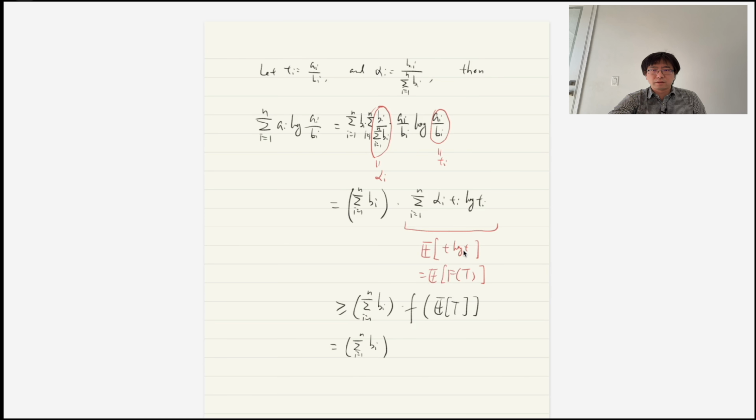Then the function of the expectation is to replace t by the expectation of t everywhere. So that's the expectation of t times the log of the expectation of t. This is the definition of the function of the expectation. Now we need to plug in the value of small t and continue our computation.